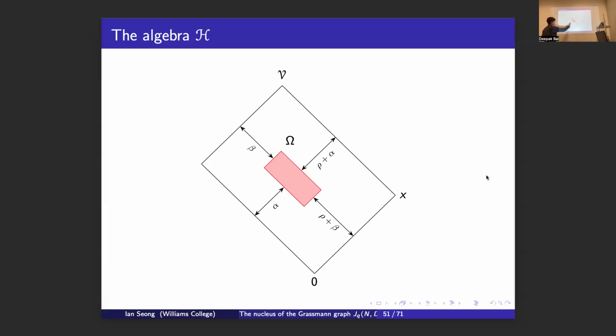Alpha is the southwest distance, and beta is the northwest distance. And rho is the index that tells us how shifted this red rectangle is to the left. One thing we notice is that rho was non-negative. So it is possible for this red rectangle to be shifted upwards or to the left, but it can never be shifted downwards or to the right. So there's a nice bias going on here.